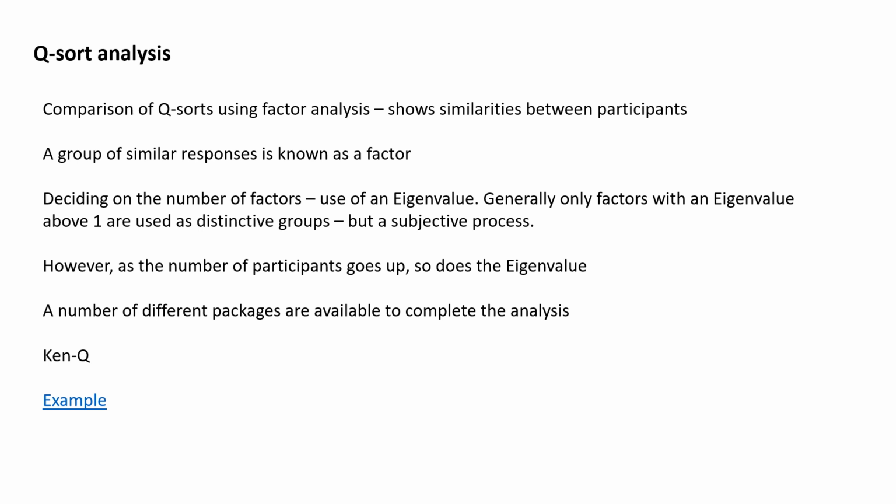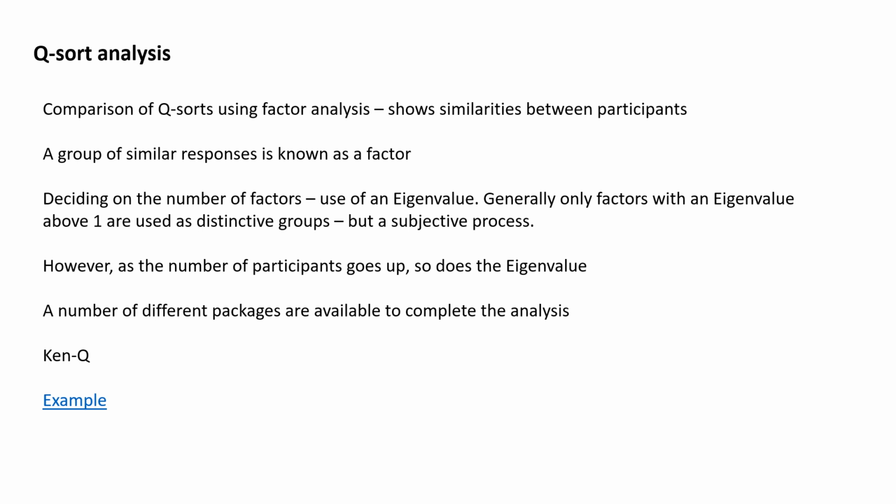And wherever you get a group of similar responses, so if you have 4 or 5 people who all show very similar responses, that group of similar responses is known as a factor. So if you've got, say, 3 groups that are similar, group 1 are all similar, group 2 are similar, group 3 are similar, you would have 3 factors.